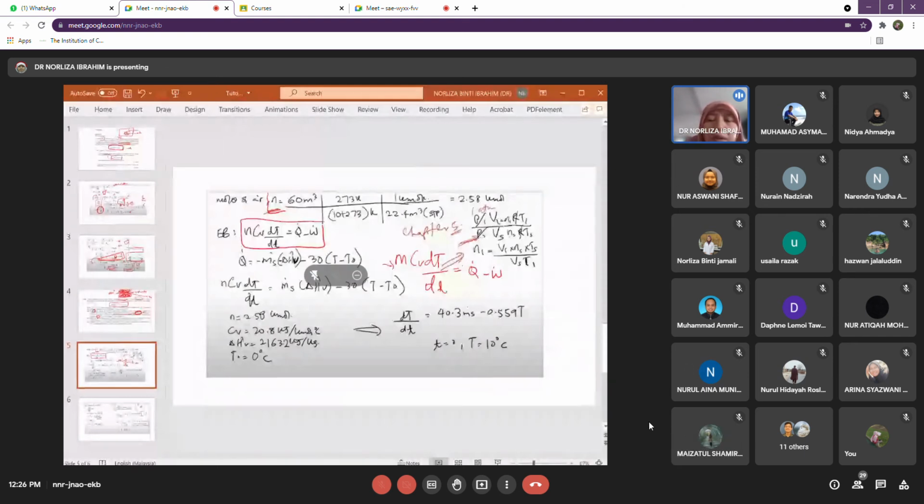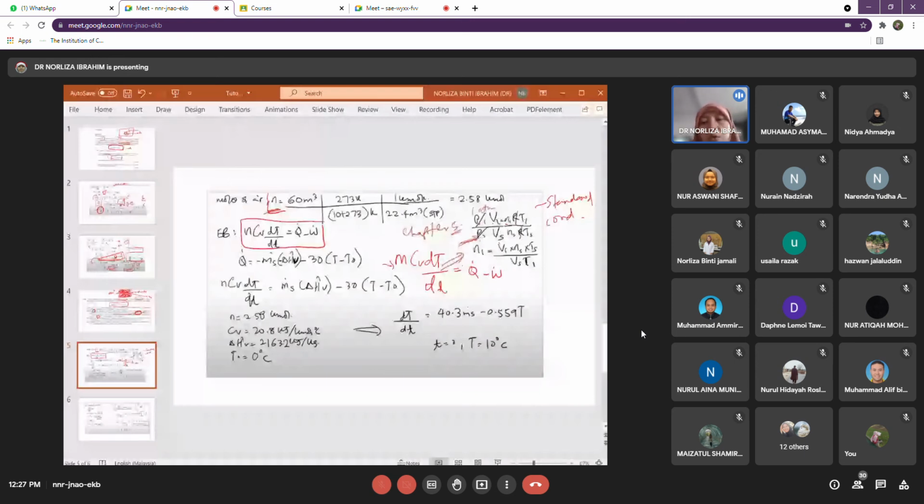To find the mole of the air, you need to use the standard condition. If you can recall, this is from chapter 5 of your CPP1, your material balance subject. So you see here P1, V1, Ps, Vs, N1, RT1, Ns, RTs. You compare with the standard. You know the volume, 60 meter cube, and you want to find the mole, and you know the temperature.